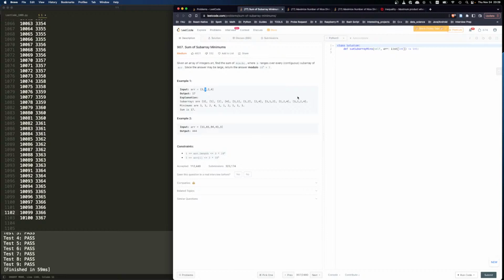Nah. Let me think. Hold on. So on the left hand side I have 1 value. On the right hand side I have 2. So if I want to take something on the left, something on the right, it could also be 0. So on the left it will be 3 or nothing.